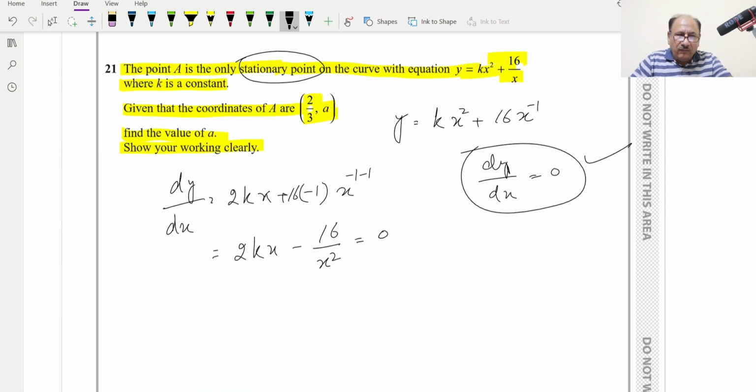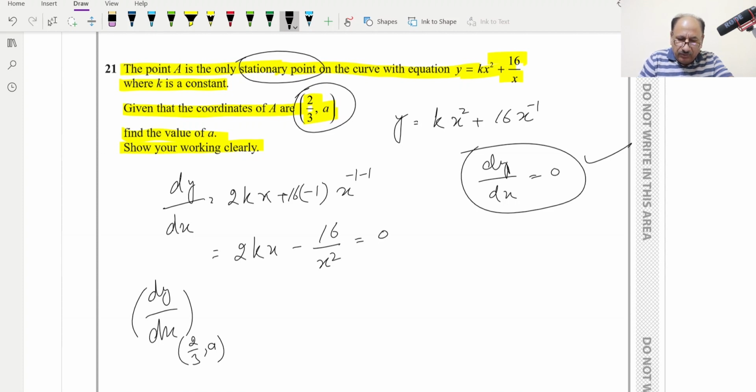And now we will find dy by dx at the given point, which is 2 over 3 and a, and we replace the x value.